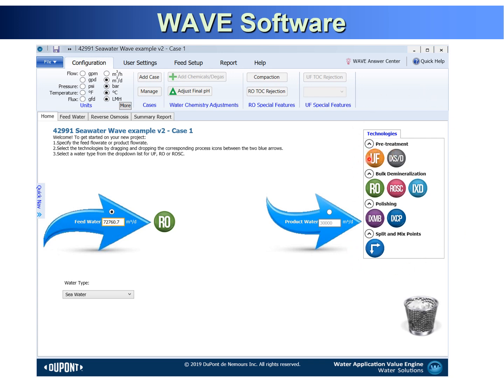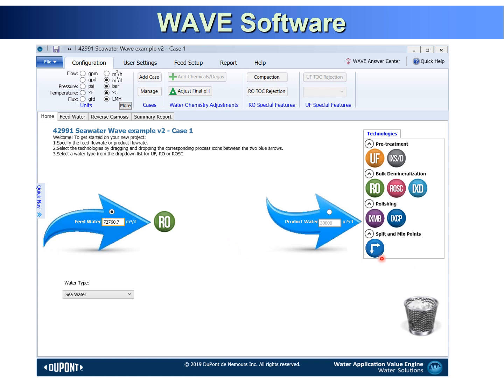So you can select pretreatment, ultrafiltration, reverse osmosis, ion exchange membrane, ion exchange resins, and you can also add some split and mixing points. Sometimes you don't have to pass all your permeate from RO to the ion exchange resin, because you don't need such a high water quality.